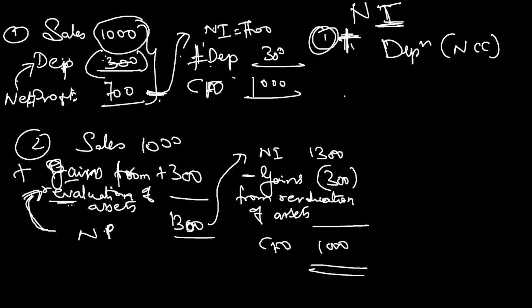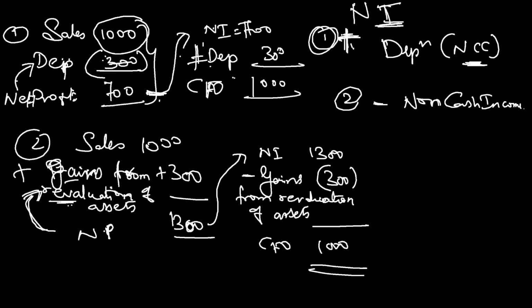So that comes to the second rule of the format: minus non-cash income. The first one was non-cash charges, this is non-cash income.